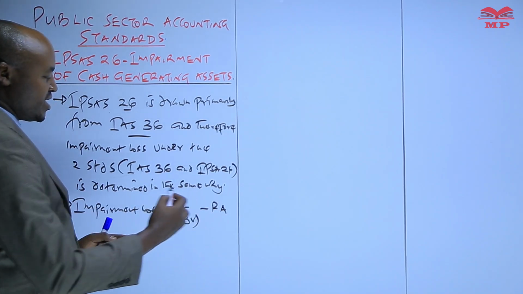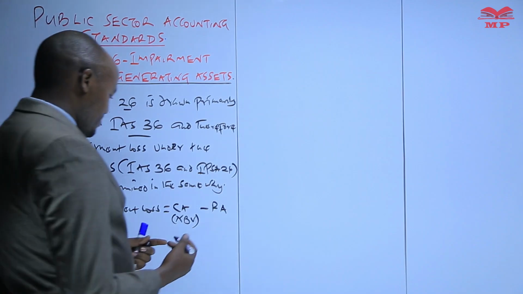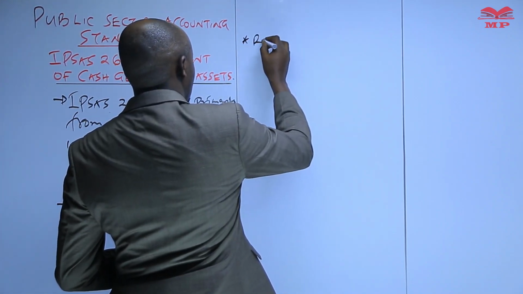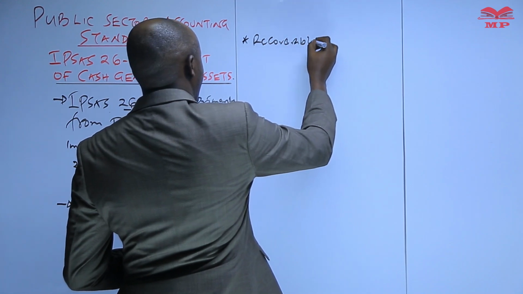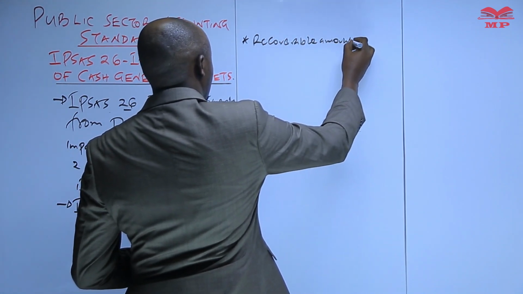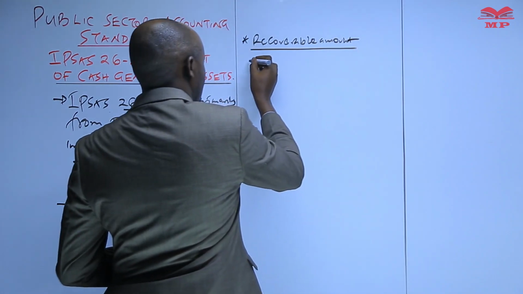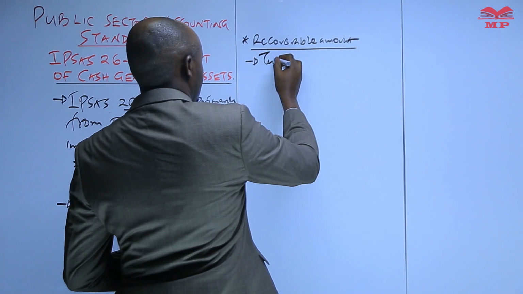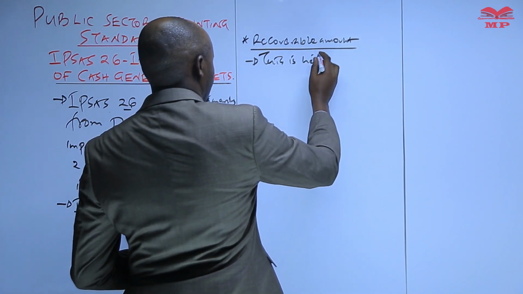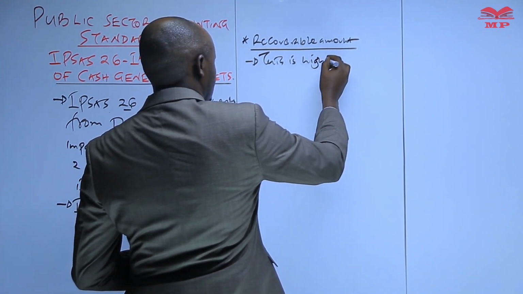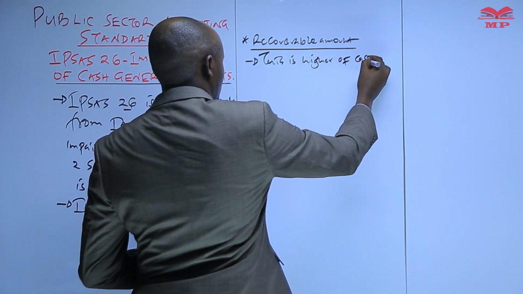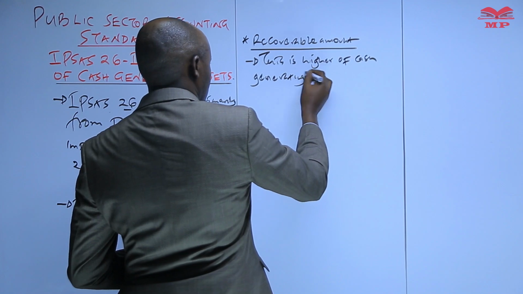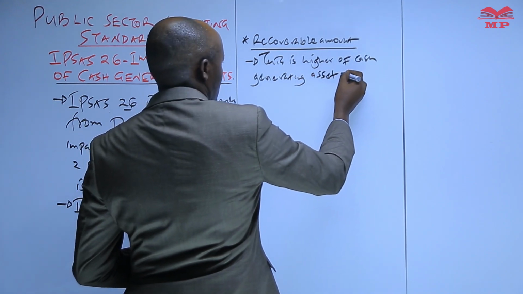We take the cost minus the accumulated depreciation. But what about the recoverable amount? The recoverable amount is defined as the higher of two values. So basically we can say that this is the higher of cash generating assets.